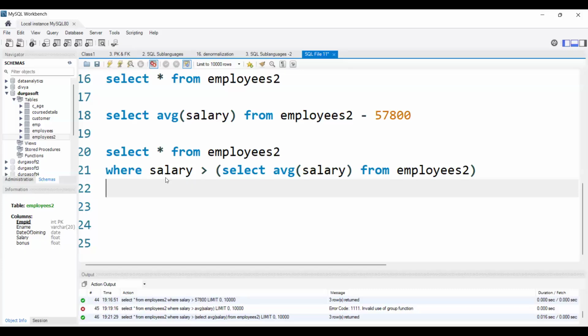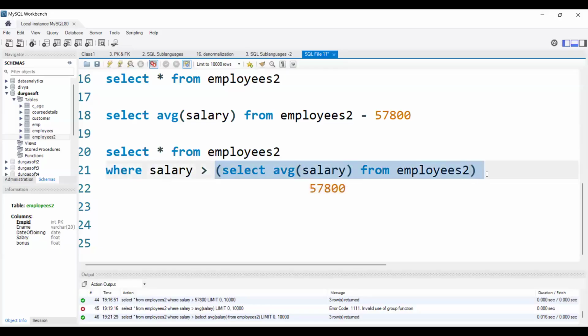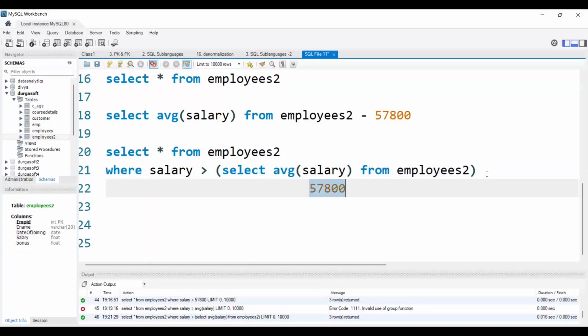That output will be given as the input to the outer query. Whenever there are subqueries, SQL first solves the inner query, and whatever output it gets is given as the input to the outer query. That means it will run select star from employees where salary greater than 57,800. Taking this as input, it will solve the outer query. Am I clear?